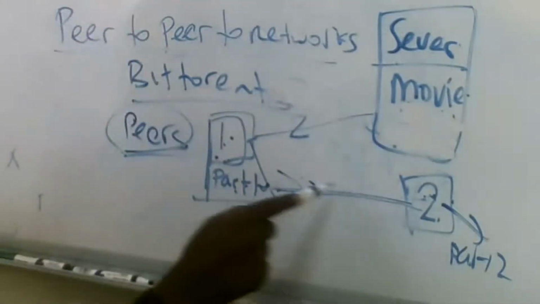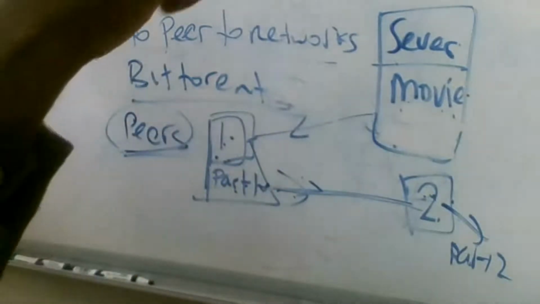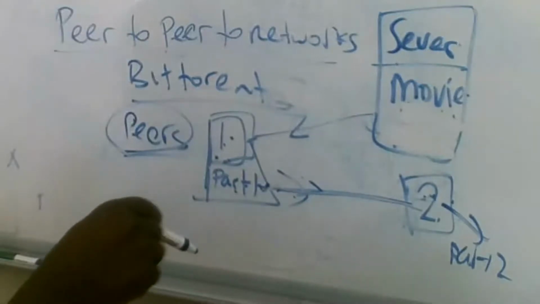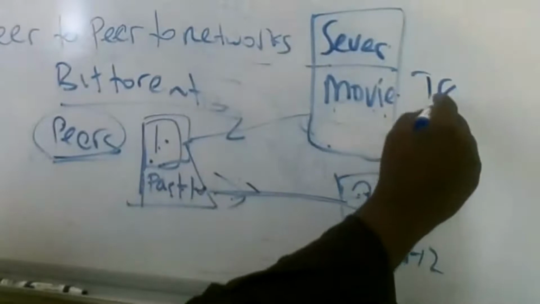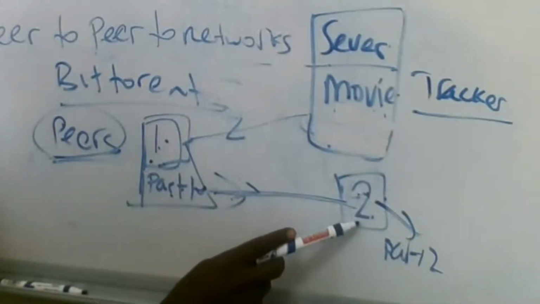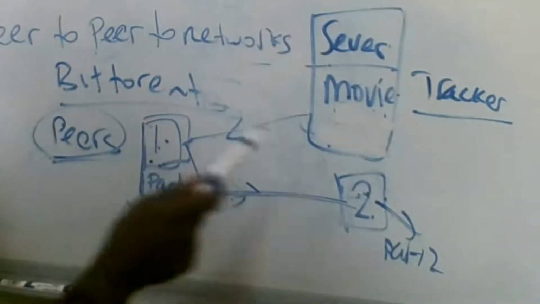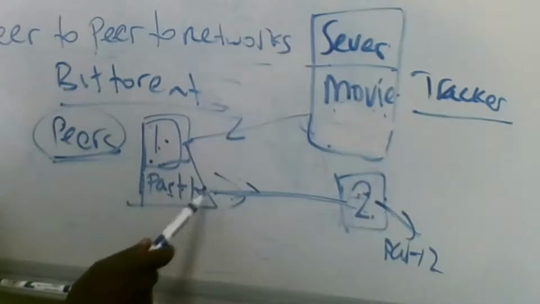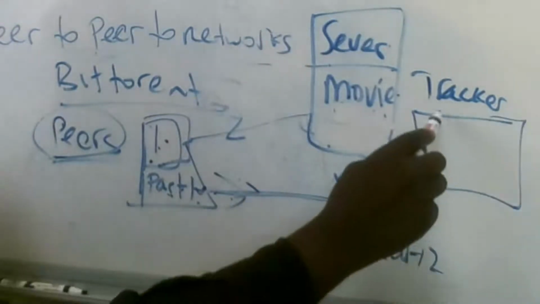Then we say that in order for a computer to know which file has been downloaded by another computer, there is a computer called a tracker. So for example, if computer 1 downloaded part 1 and computer 2 wants part 1, computer 2 will look at the information that the tracker has.